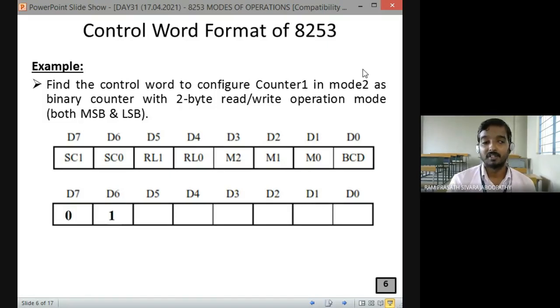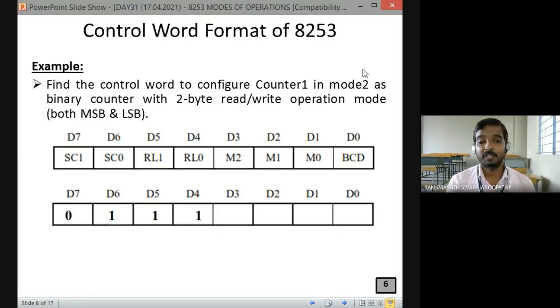Very good. Then what type of read load operation am I going to do? 2 byte or 1 byte? Am I going to write 16 bits, or only the lower byte or higher byte? Yes, we are going to do 16-bit operation, so it is 11. What about the value of M2, M1 and M0?